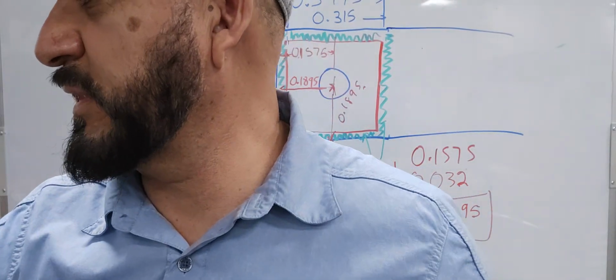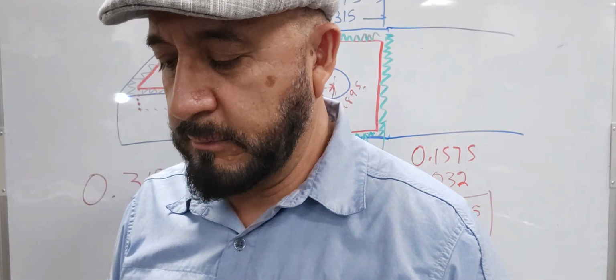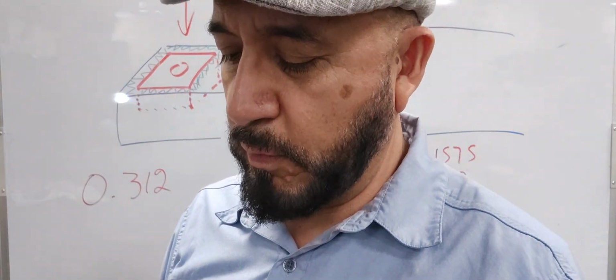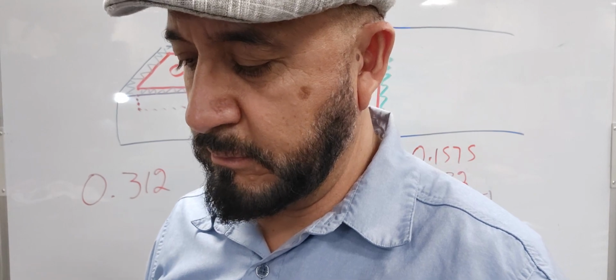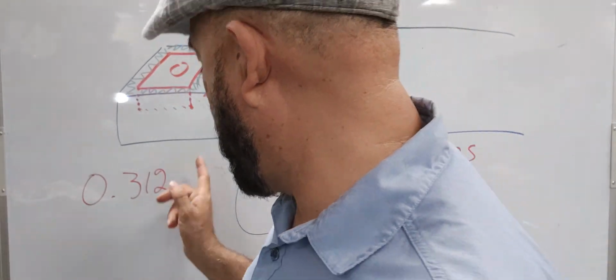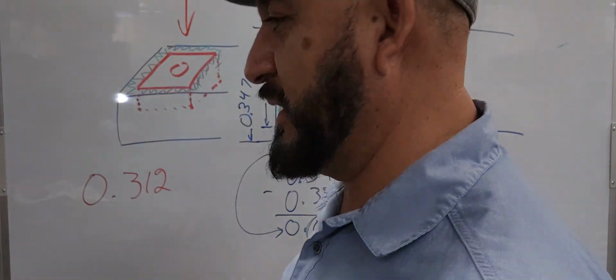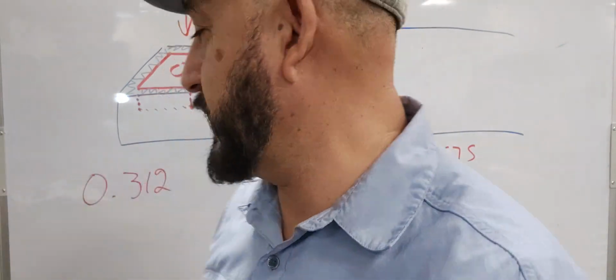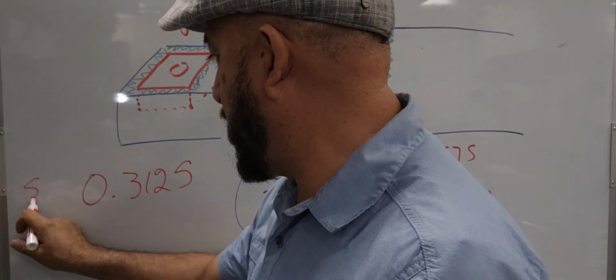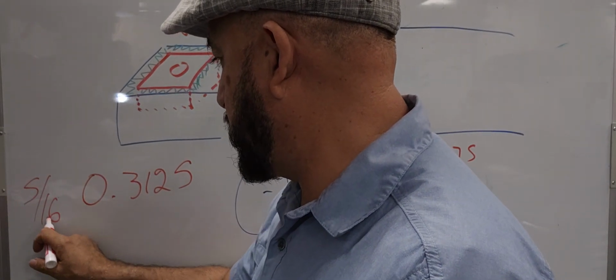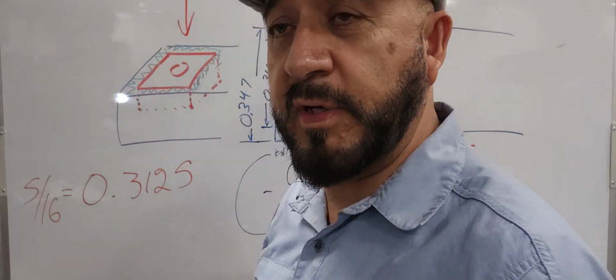So what's a 5/16? Is that what we measure? 5 divided by 16? 312.5. That's amazing, guys. We measure exactly what it was. This is the same as a 5/16. And we have the right tool.